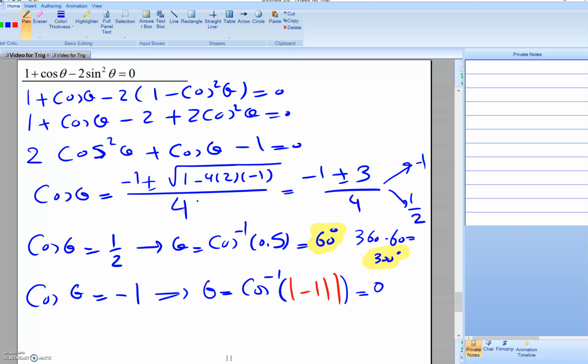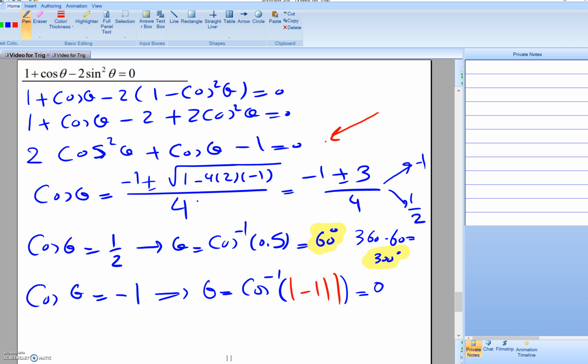If I have cosine squared, I can change it to 1 minus sine squared. In this case, I just have to change sine squared, so I change it to 1 minus cosine squared. I want to change it to just one function, and then I simplify, and then I have one quadratic equation. Okay, so that's a quadratic equation here, this one.